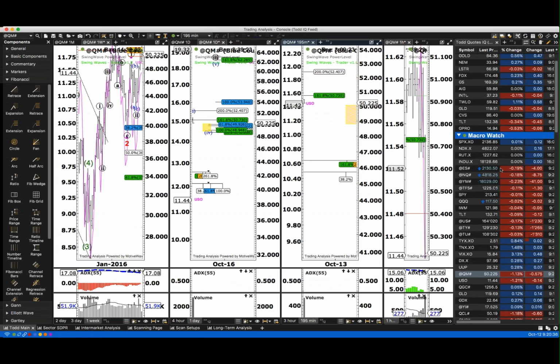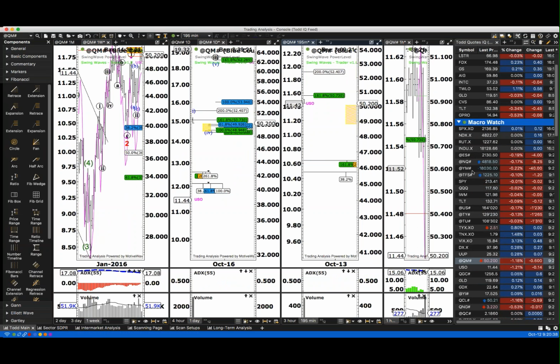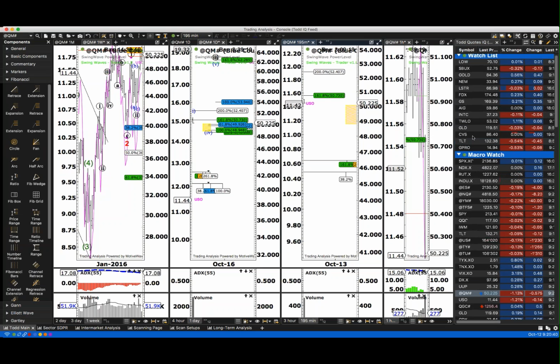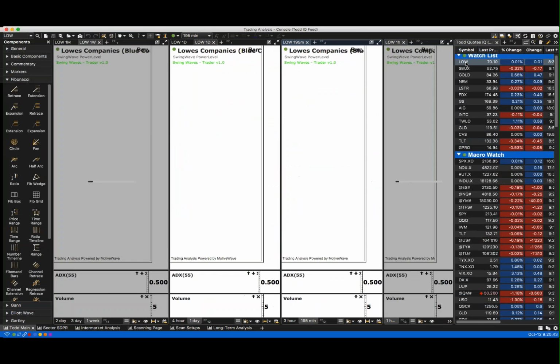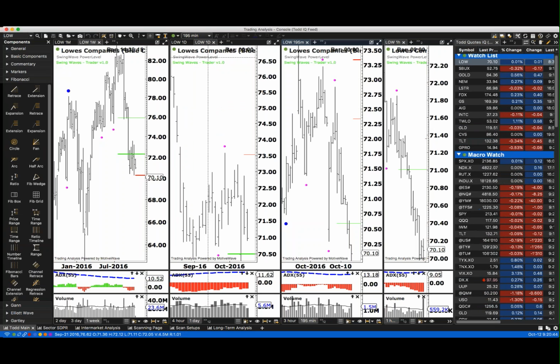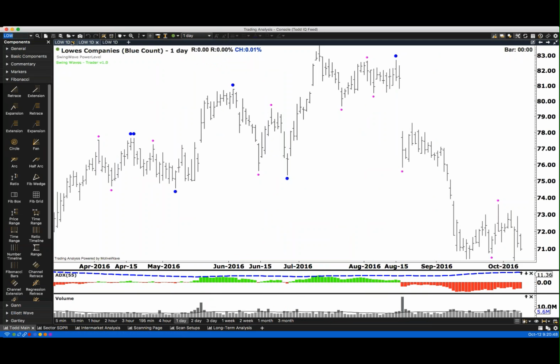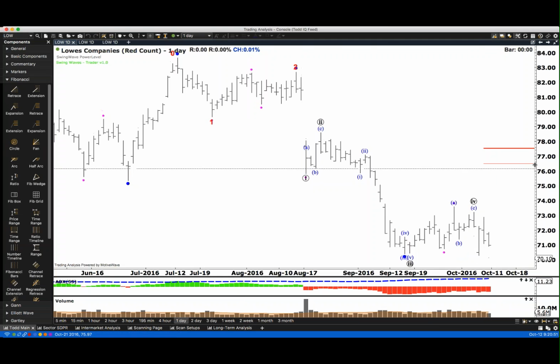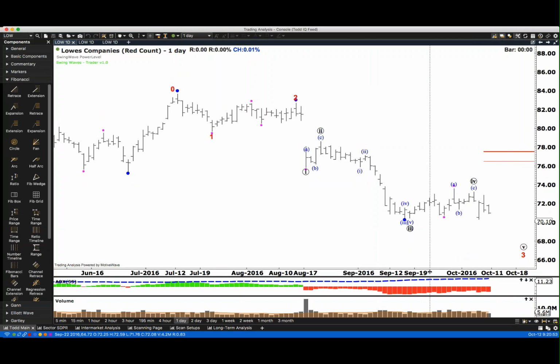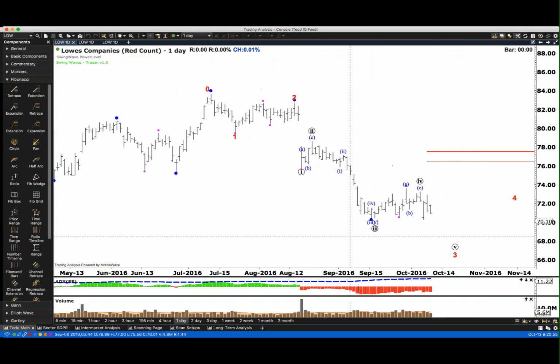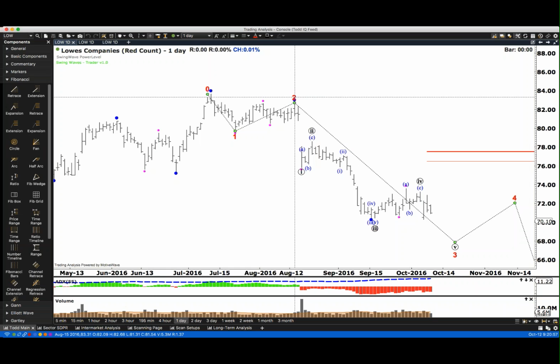Okay, so that's a pretty good macro look with 10 minutes to go. I'll take you through some of the positions we're in with our customers. We do have Lowe's working. Lowe's has been getting crushed from the move up in interest rates, which is hurting housing. It looks like we have a good 5-wave decline going.